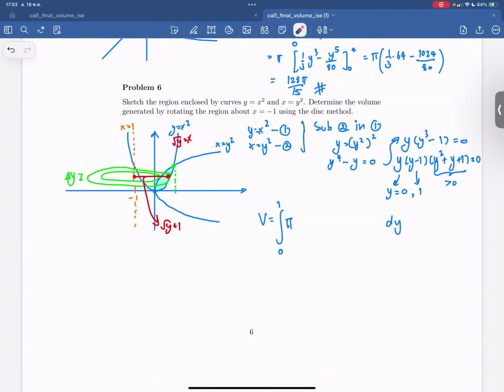You may see that this one is square root y, right? And then we have to add 1 because we extend the radius from the axis x equal to minus 1. So with the summation, we have square root y plus 1 over here.